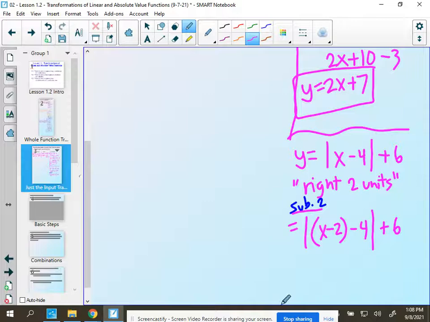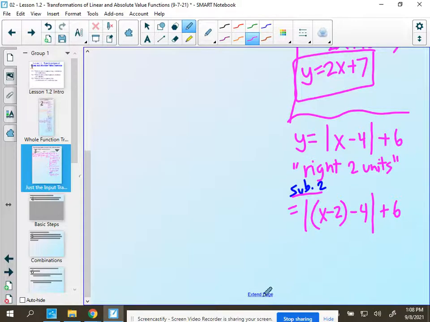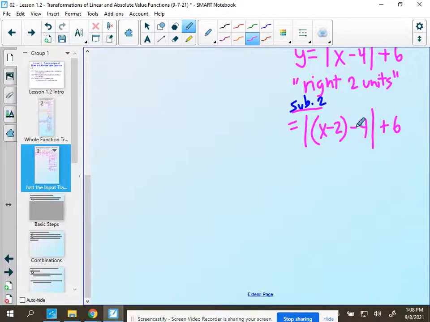Good. So simplify wise, there were some questions, and there usually is here. How do I simplify this? This isn't a distributive situation, right? We're not multiplying by negative 4. This is originally minus 4, and it's still minus 4. It's almost as if these parentheses don't exist. X minus 2 minus 4.